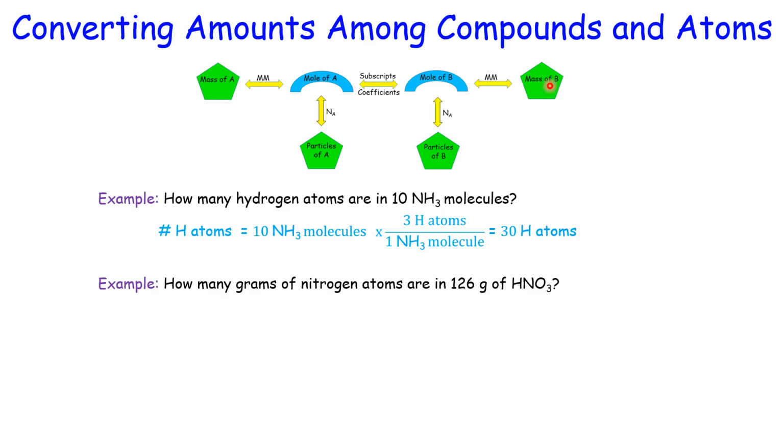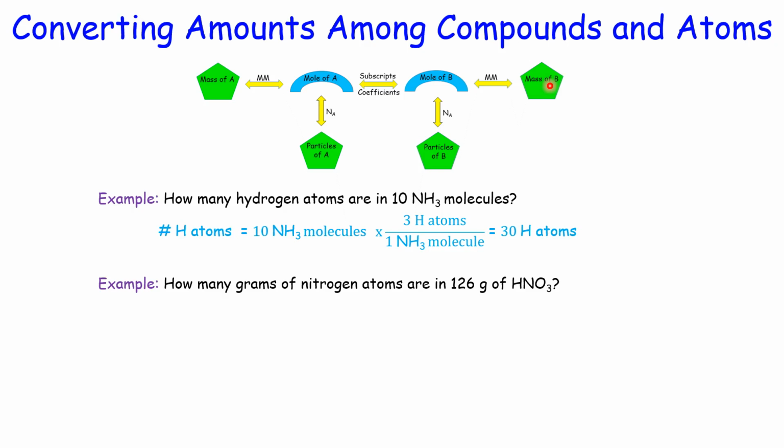So that's the strategy. Okay, start from 126 grams of nitric acid, convert that to the moles of nitric acid using the molar mass of nitric acid. Now convert from the moles of nitric acid to the moles of nitrogen atoms.